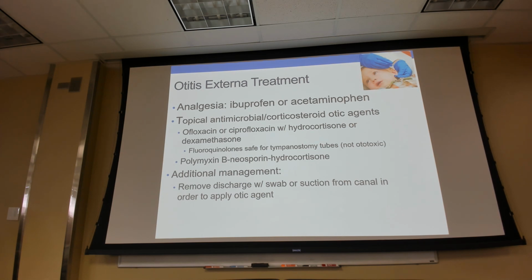Your next thing that you can do for this, because it is external, is use external antimicrobial agents. It's really nice because you can use your floxacins. Your floxacins are not ototoxic and they are safe to use with tubes, which is why that is the recommendation for kids, because you can use it for kids who have PE tubes and kids who do not have PE tubes. It's really nice too because most of the time the inflammation is what is hurting the child, really more than the debris itself.